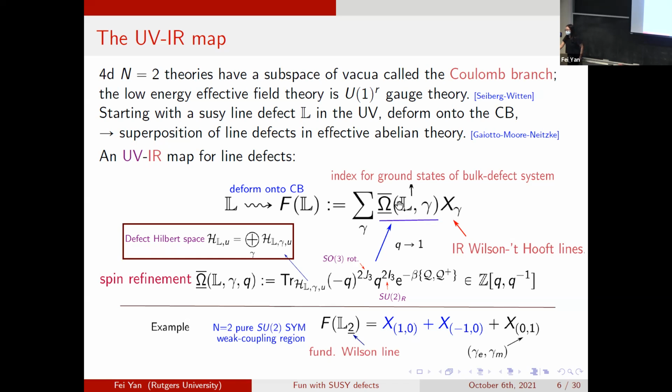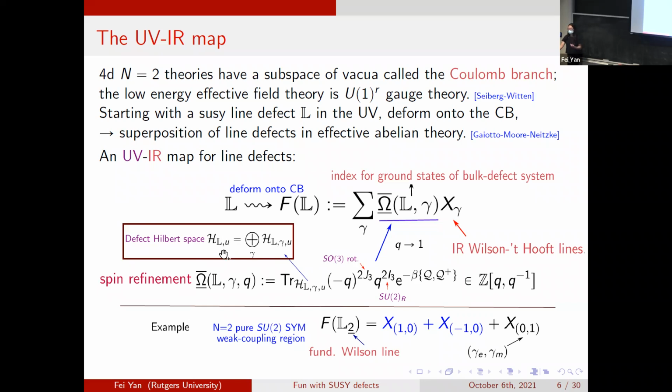To properly define this, we look at this object in this box, the so-called defect Hilbert space. Recall that the defect extends along the time direction, so it modifies the Hilbert space on R^3 at a point. We take this defect Hilbert space, and moreover, going to the Coulomb branch means we fix the vacuum at infinity to correspond to some point on the Coulomb branch.